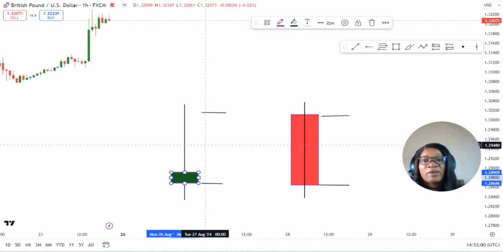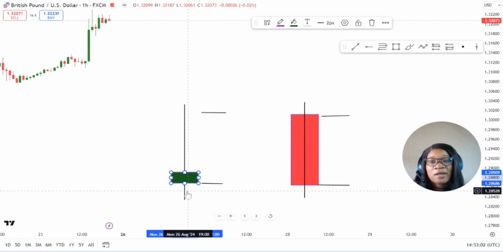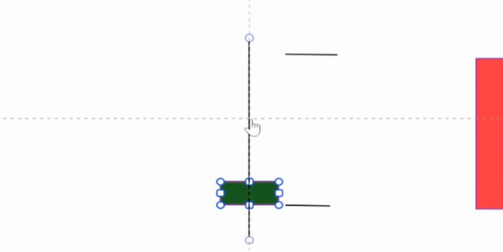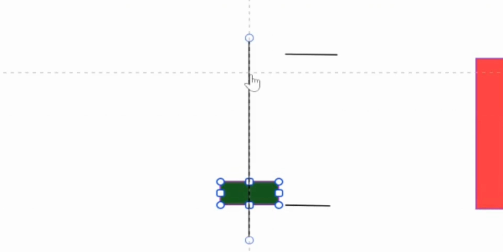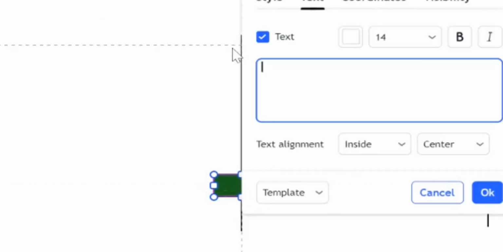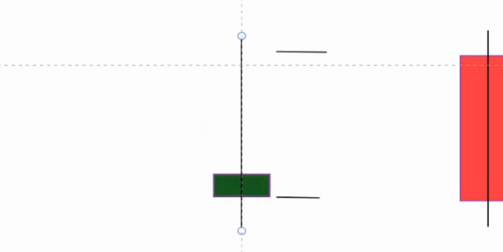By the way, this thing is called a wick. All right, so a candlestick has two parts, a body and a wick. This is the body and this is the wick. This is the body and this is the wick.